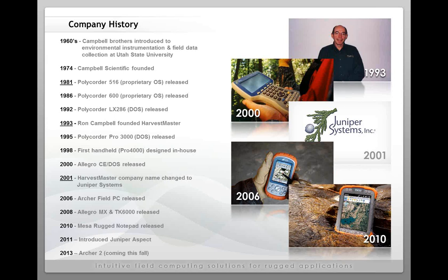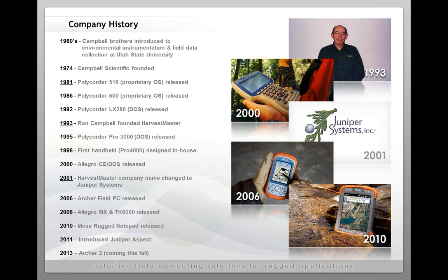They decided they needed handheld computers to use in the field to collect data from their data loggers, and so they created the first handheld computer in 1981. Over the years they continued to refine those and release new ones.